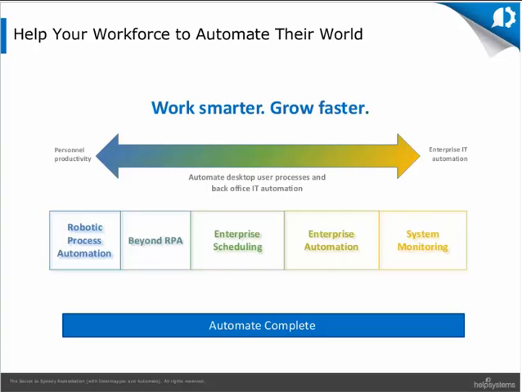So you can start anywhere in this continuum and go anywhere. And what we're going to be concentrating on today is monitoring your system with Intermapper and then using that robotic process automation that's built into the Automate products to fix those problems when they occur. So let's take a look at Automate. What is Automate?